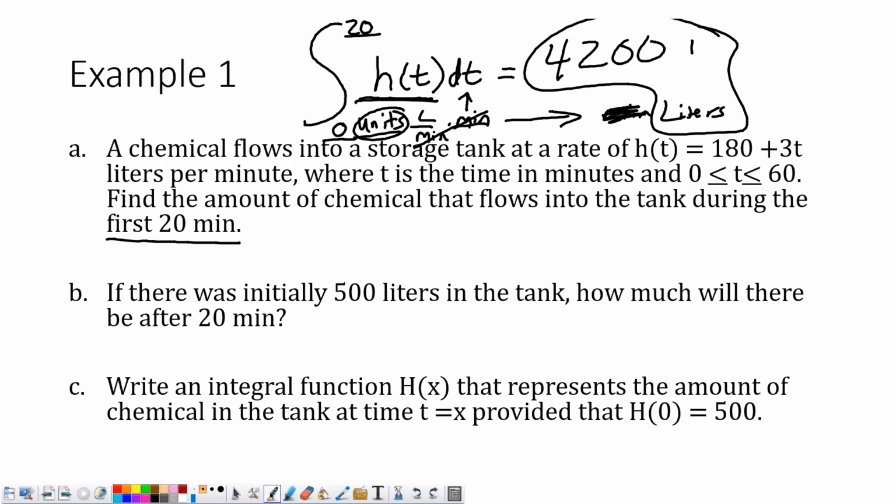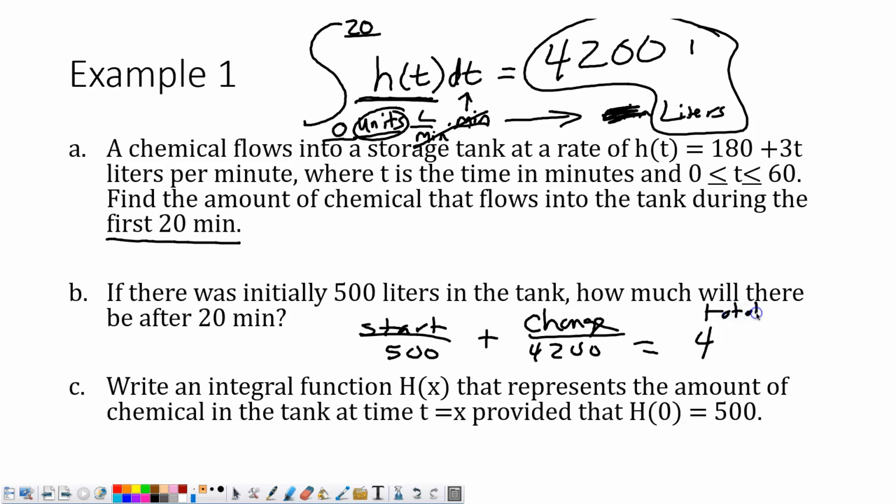So if it started with already 500 in there, how much will it have after 20 minutes? 4,700, right? Your starting amount was 500, plus the amount of change that took place, and that was 4,200, for a total of 4,700 liters. So that kind of takes us back to that last slide where we said starting amount plus the change that took place tells you the total.